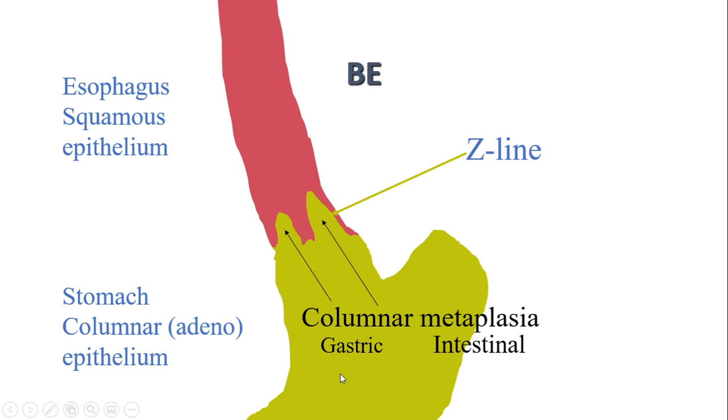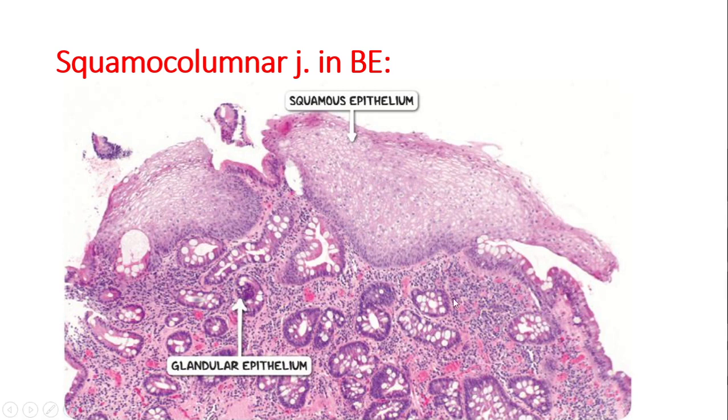Gastric columnar metaplasia and adenocarcinoma can complicate Barrett esophagitis. This picture showed the replacement here of the squamous epithelium, inflamed, eroded, severely inflamed, and foci of glandular metaplasia rich in goblet cells.